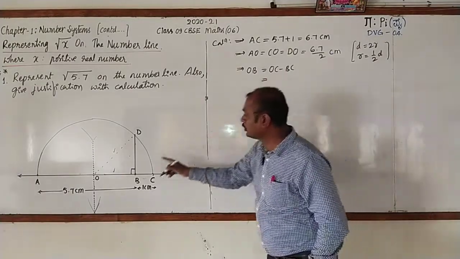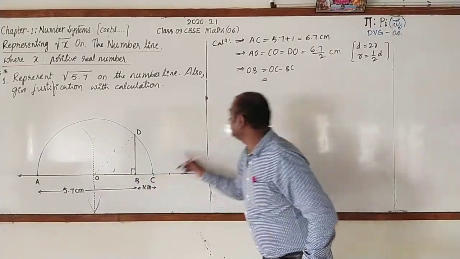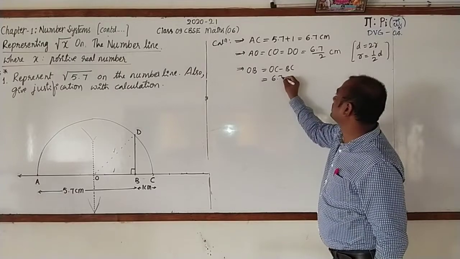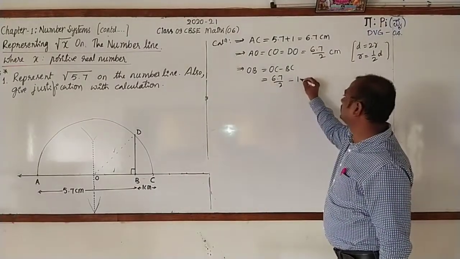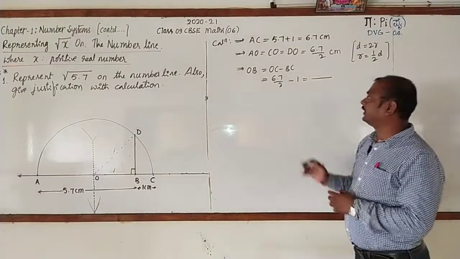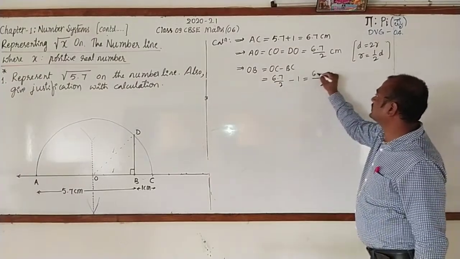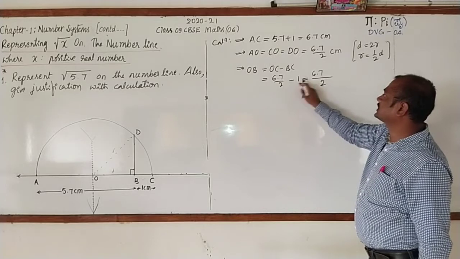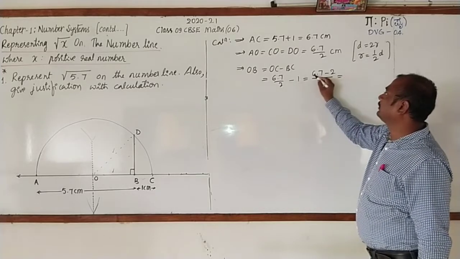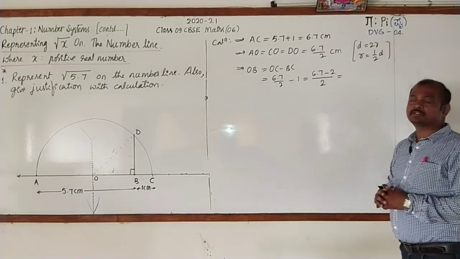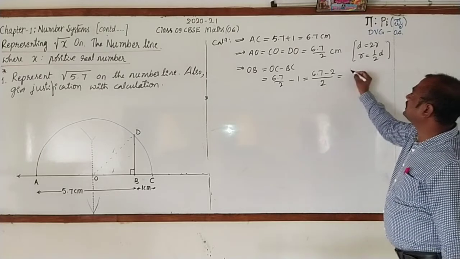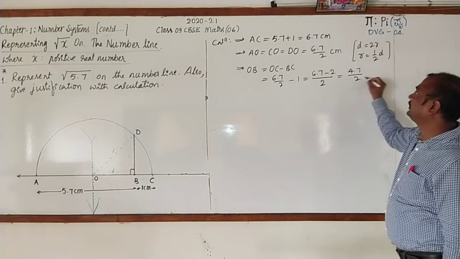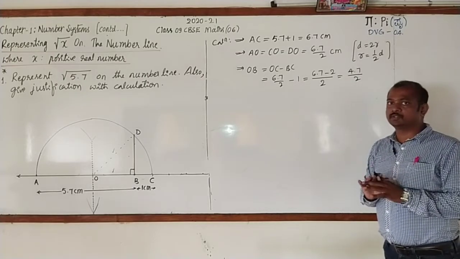Then what is OC? OC is the radius, that is 6.7 by 2 minus BC, it is 1 unit. It is equal to, you may go for simplifying it. LCM is 2, 6.7, multiply LCM with second term, minus 2. It will be 6.7 minus 2, it is 4.7 by 2. I hope that you all have understood this.